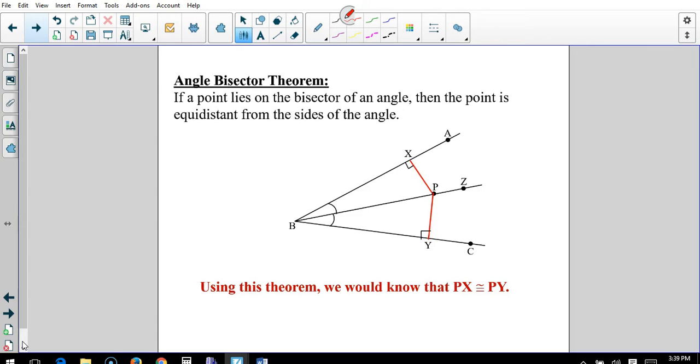Okay, angle bisector theorem. If a point lies on the bisector of an angle, then the point is equidistant from the sides of the angle. So if you see here how these are equal to one another, then any point like P there is going to be equal from either side.